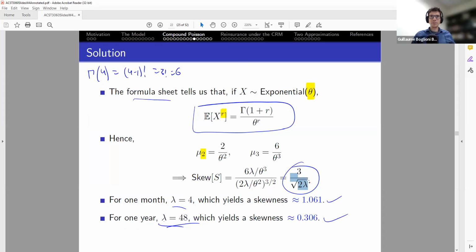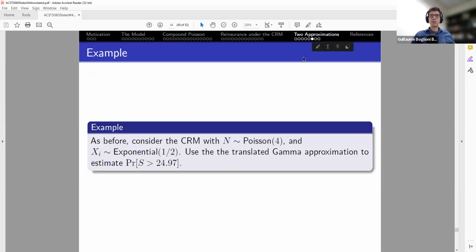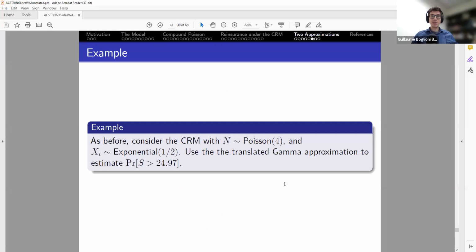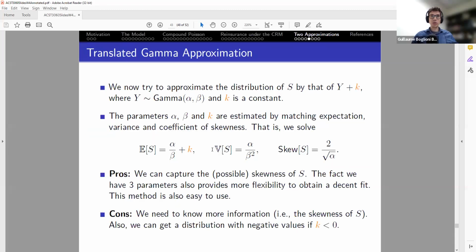We had this expression, and it doesn't depend on theta, the parameter of the exponential. So with this result, it's easy to find alpha. Alpha, the parameter of the gamma you're using for your approximation, is a function of the lambda of the Poisson. That's the general expression. Let's plug in our numbers. Same thing now, beta you find easily here as a function of the variance of S, and alpha that you now know.